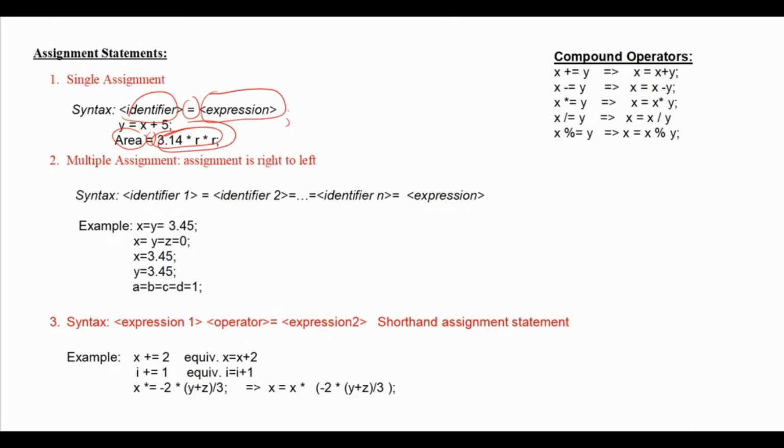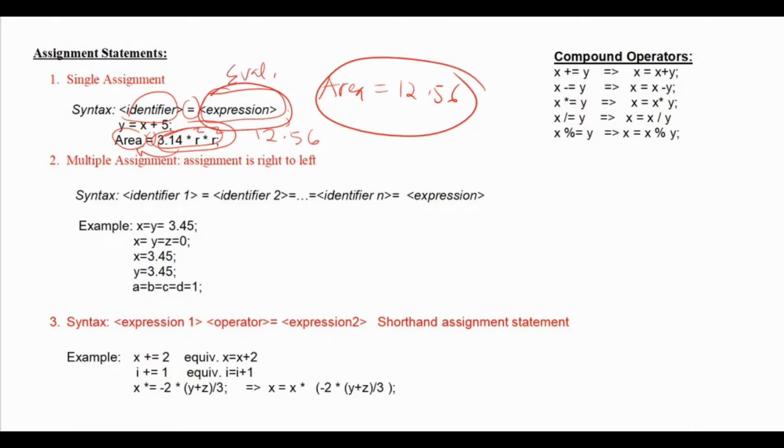So if, for example, r is 2, the radius is 2, and this is 2. 2 times 2 is 4 times 3.14. The right side value is 12 point something. And so variable area will have a value 12.56. So again, the right side expression is evaluated first, and whatever is the value of this, it will be assigned to the identifier or to the variable. So that is single assignment statement.